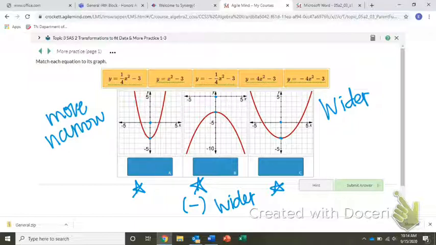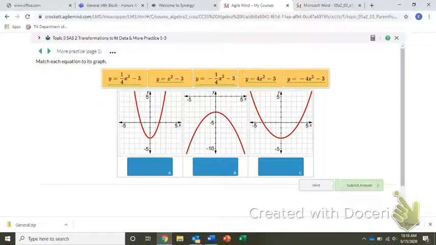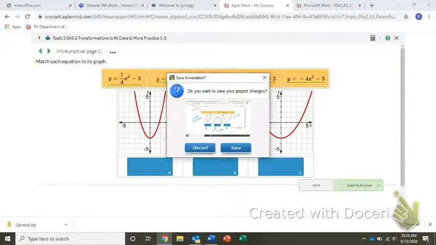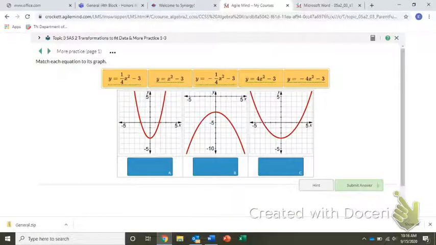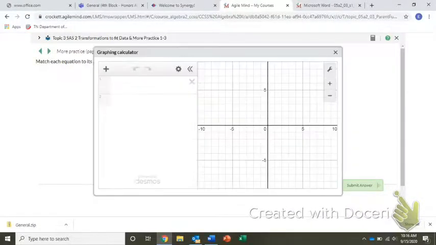You can ask me to help. Would love to help you. And you can also graph these on your calculator, or you can go to desmos.com and you can graph. I think actually, if you click this calculator, it says graphing calculator. It brings up Desmos. So you can go ahead and type that in and match your graphs. Okay?